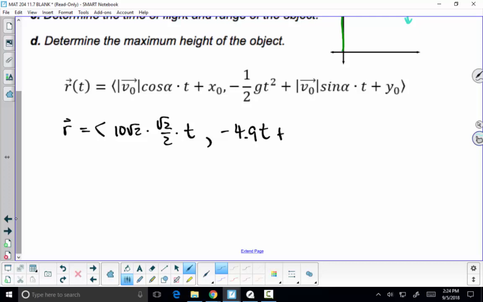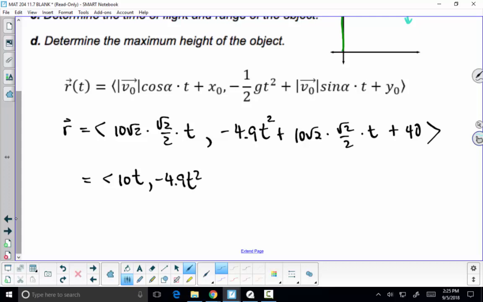Plus, again, the absolute value of the initial velocity vector, which is called the speed, 10 root 2 sine, root 2 over 2, times t, plus the initial position, which is 40. A little bit of simplification here, and that should be minus 4.9 t squared. All right, that is our position.